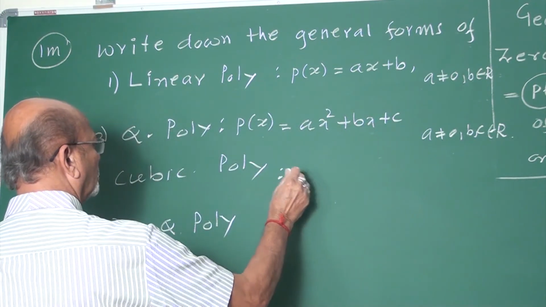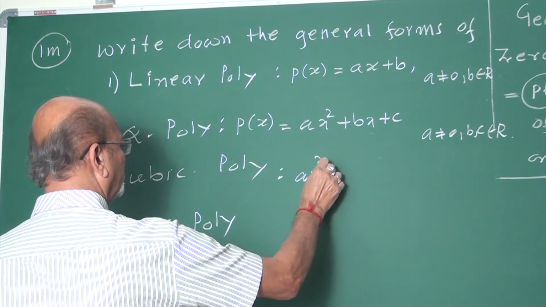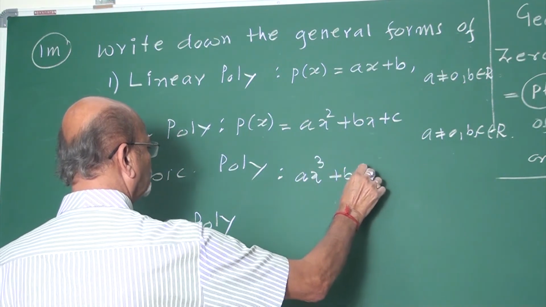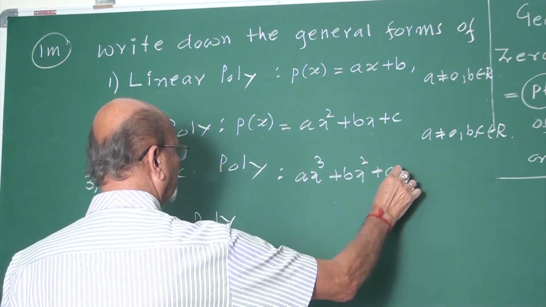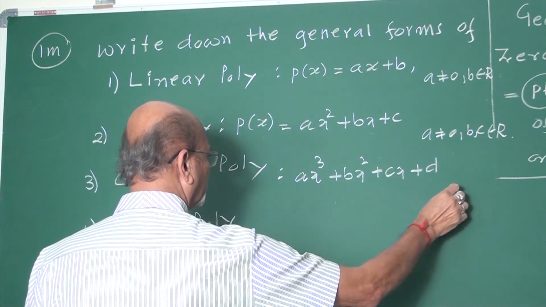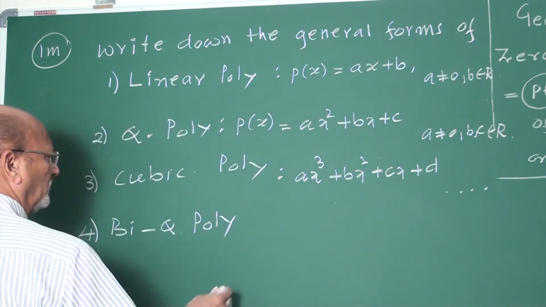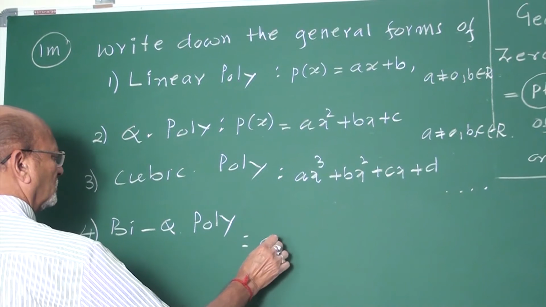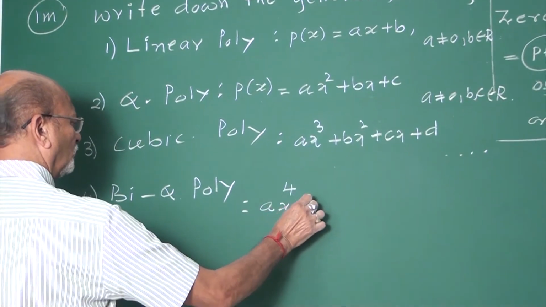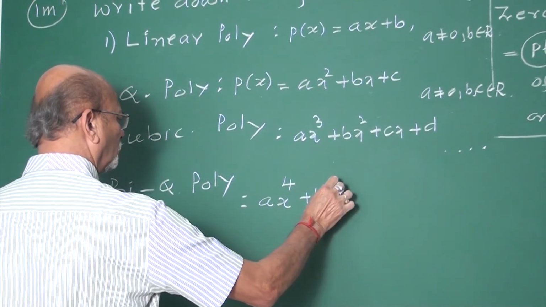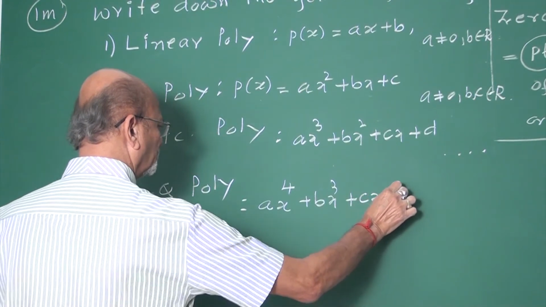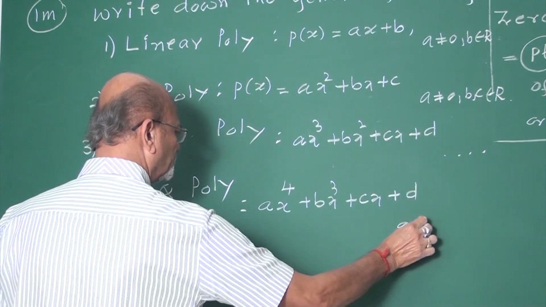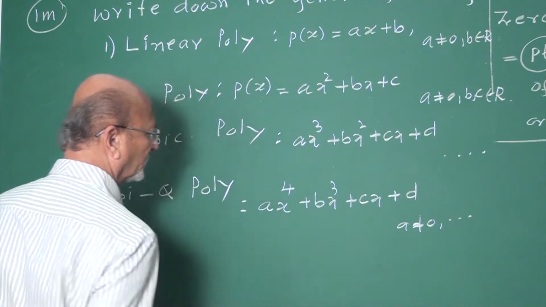Cubic polynomial: ax cube plus bx square plus cx plus d. Biquadratic: ax to the power 4 plus bx cube plus cx square plus dx plus e. My friends, mention that they are real numbers.